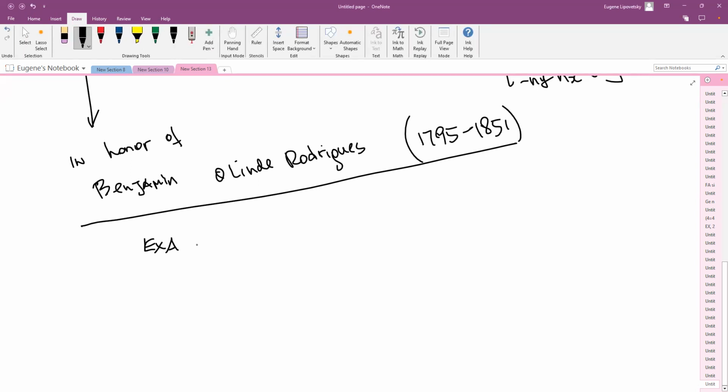Example of applying Rodriguez formula. Okay.